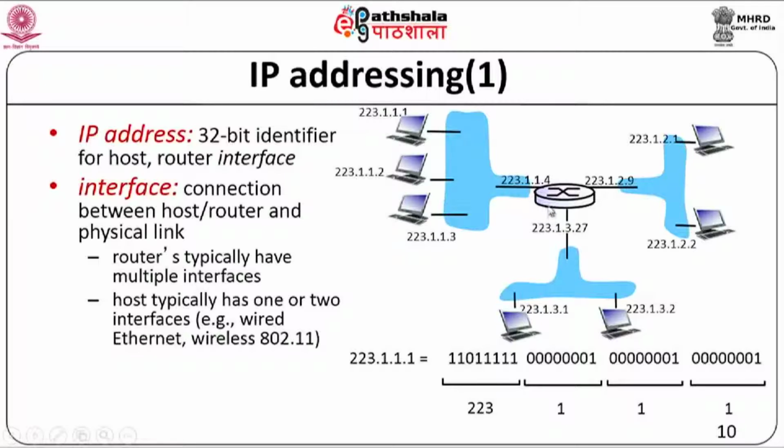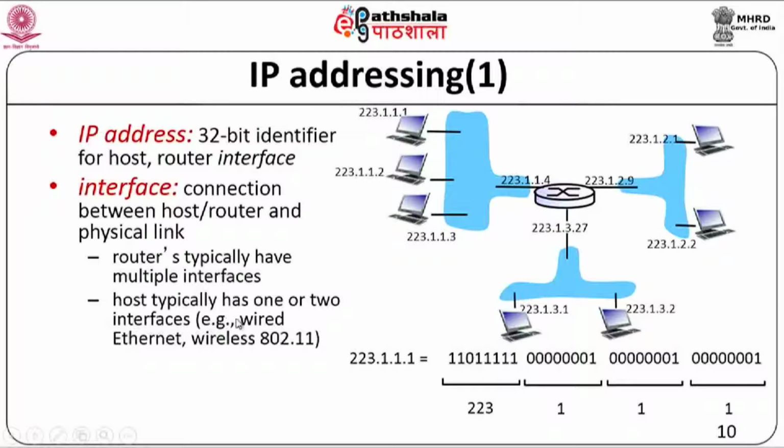So, you can see that the router will have multiple interfaces and on each interface it has a different network ID because the networks that it is connected to at the interfaces are different. So, this will have 223.1.3.27, this is 223.1.2.9, because this is a 2 network, this is a 3 network and so on. So, this is how the network IDs will be given and this is how we need to interpret them.